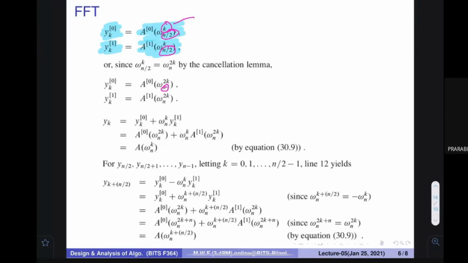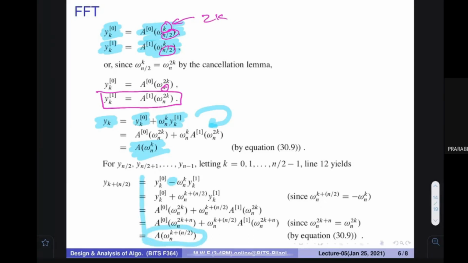Okay, so you are computing the right items. Yk, this is the expression that was written to us. Yk is equal to yk plus omega to the power k. If you just expand it, you would find out that actually you are computing the right term. This with the negative also, you just see that the computation shows that you are computing the right term for the half, that is the item at the half distance away. So this is a small proof that things are correct.